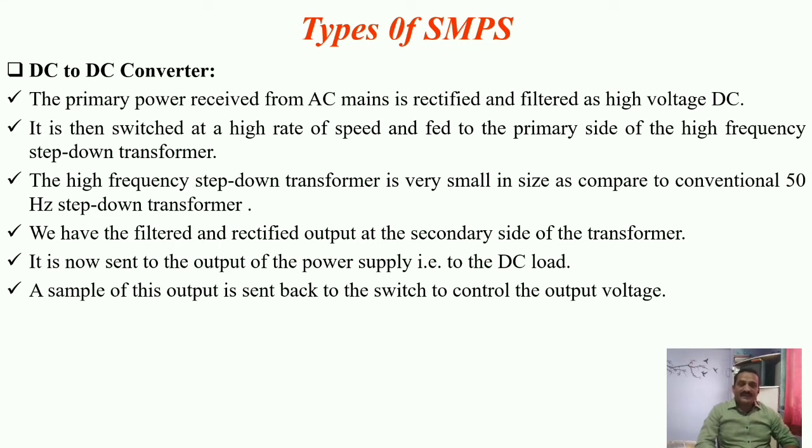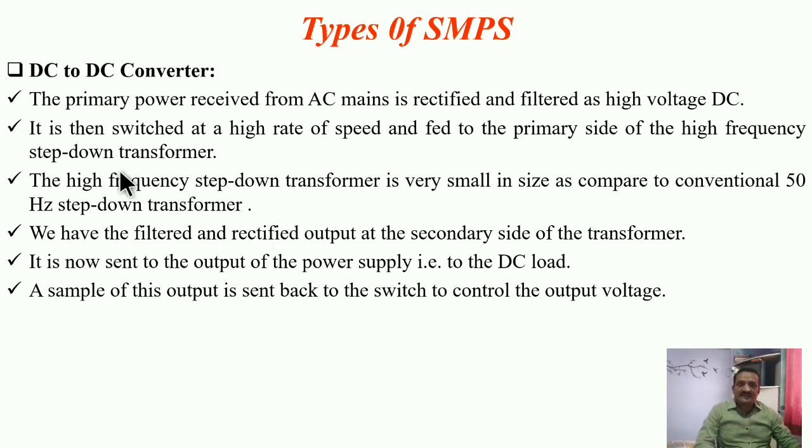Suppose it is a full wave rectifier, then the obtained output of that rectifier will be about 207 volt DC, a large DC voltage. From that large DC voltage, by adjusting the duty cycle to the switching element, that is the transistor, we can obtain the output as per our requirement, like 5 volt, 10 volt, 12 volt regulated DC. So that is the basic difference between SMPS and linear power supply.